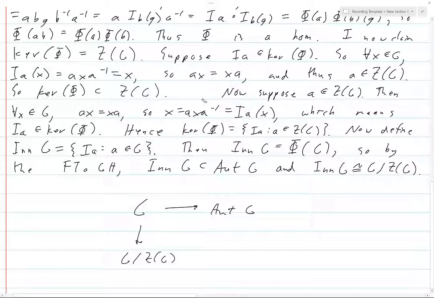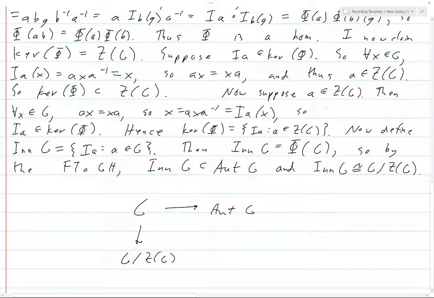So now suppose A is in G, and then which means I_A is in the kernel of phi. But let's see here. So I_A is the image of A. So no. So x equals 1 x 1, so x equals 1Ax.